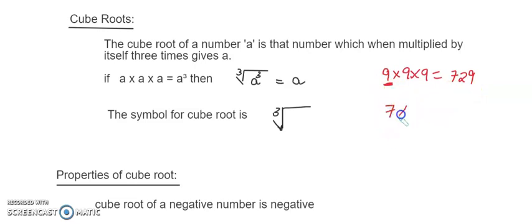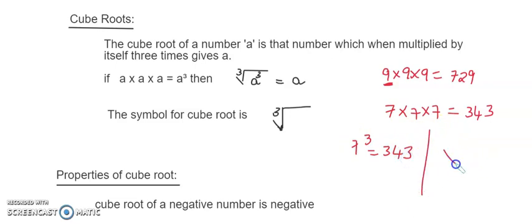Same way, if I say 7 multiplied by 7 multiplied by 7, I get 343. So 343 is the cube of 7, whereas 7 is the cube root of 343. Means if I do 7 cube, I'll get 343. But if I do cube root, the symbol for cube root is a square root like symbol with a 3 inside it. So cube root of 343 is 7.